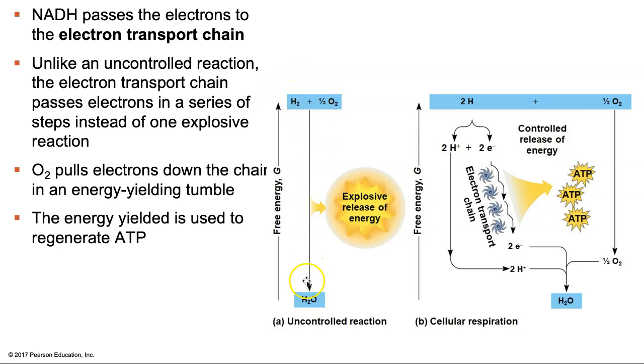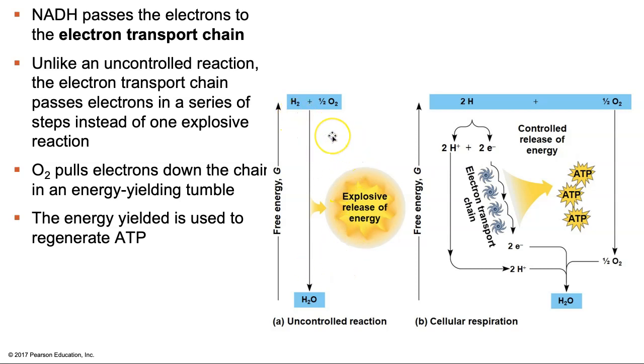But the energy difference between these two is apparently major. And if it were to just occur, there would be just an explosive release of energy. So instead, the cell has these incremental steps of the electron transport chain where each and every one releases a little bit of energy, and it's not just lost. We'll see what it's doing in the process to help create this ATP at the end, because this isn't making ATP, this is just energy, right?